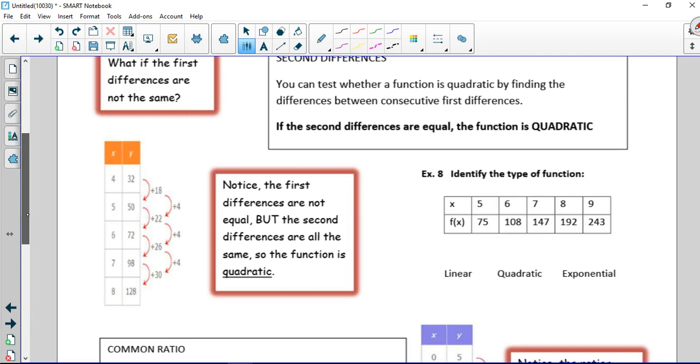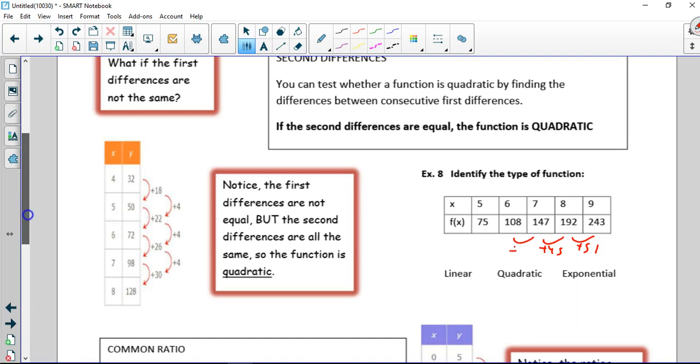So let's look quickly at these right here. Remember, f of x is y. So all we're going to do is, real quickly, we're just going to do 243 minus 192. And this went up plus 51. And 192 minus 147. And that's plus 45. And then 147 minus 108.